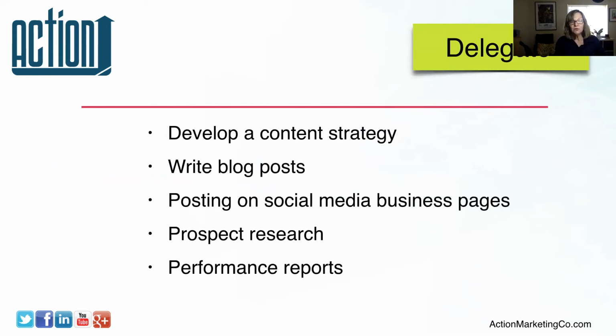You can also delegate writing the blog post, as long as you hire somebody who is good at that. You can delegate the posting itself on social media in your business pages, prospect research, and running your reports. Every end of the month, you want to see how many people saw your posts, and a number of things, to see how you're progressing on all this work.